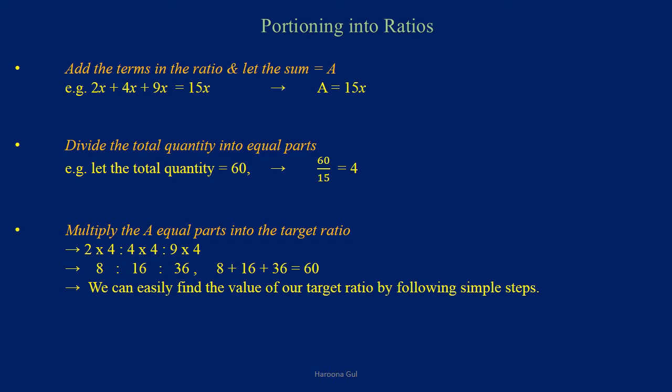That is, 2 is going to be multiplied by 4, 4 is going to be multiplied by 4, and 9 is also going to be multiplied by 4. So the final ratio is going to be 8 to 16 to 36, which is also equal to 60. This means the total is divided into 8, 16 and 36 parts, right? You see, we can easily find the value of our target ratio by following very simple steps.